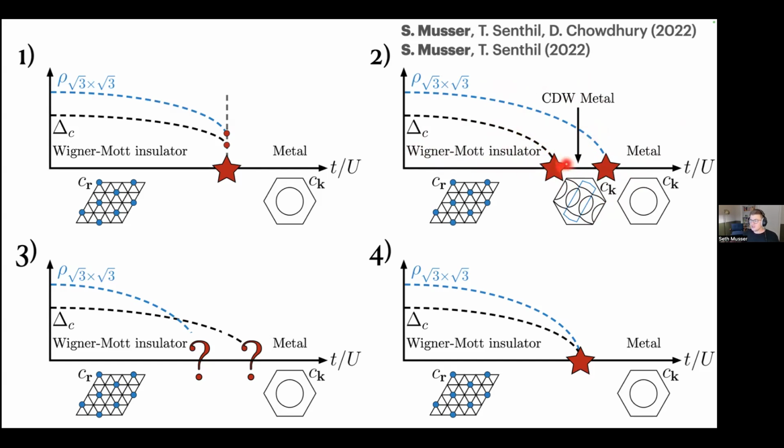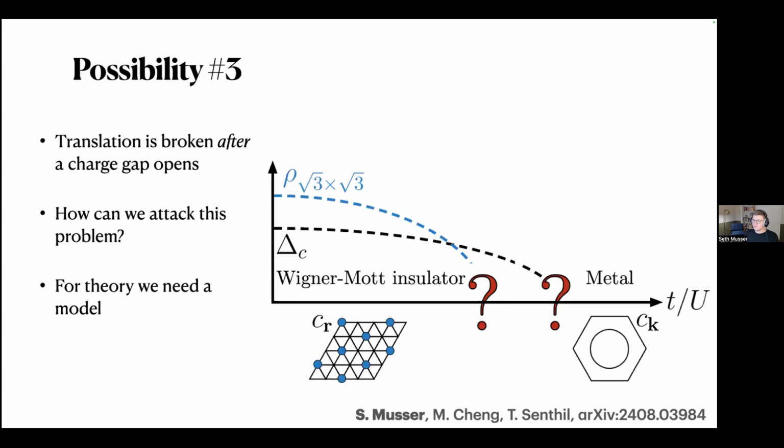So this is a very well understood story. But you can ask, what happens if you reverse the directions of this? That's scenario three. What happens if you develop a gap before you develop charge order? So that's possibility number three. Translation is broken after a charge gap opens. I put question marks here because, at least for the purposes of this talk, I won't be caring about transitions. But it will turn out that this intermediate phase between the metal and the insulator will be really interesting.